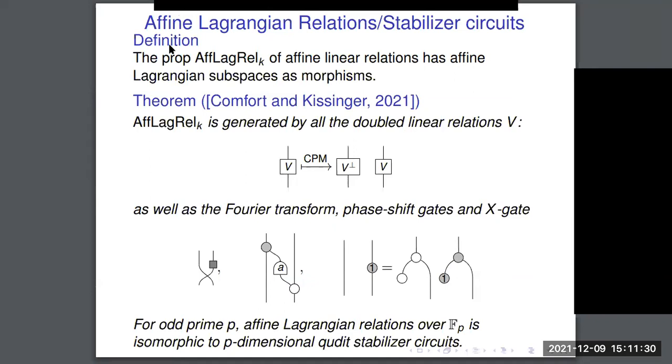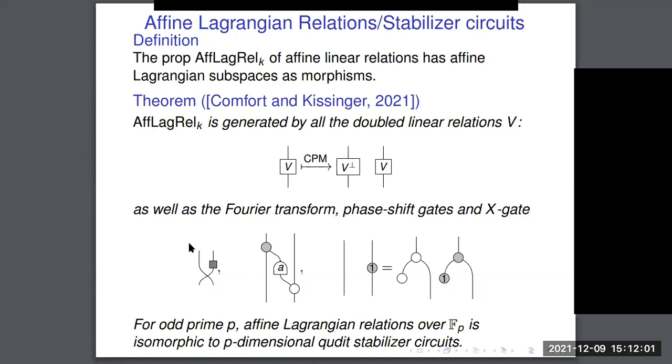And in previous work, we showed that affine Lagrangian relations are generated by doubling all the linear relations with respect to the orthogonal complement, so this color switching functor, you think of it in ZX terms, and then you add 3 more generators. The first one is the Fourier transform. The second one is the phase shift gate. And the third one is the X gate.